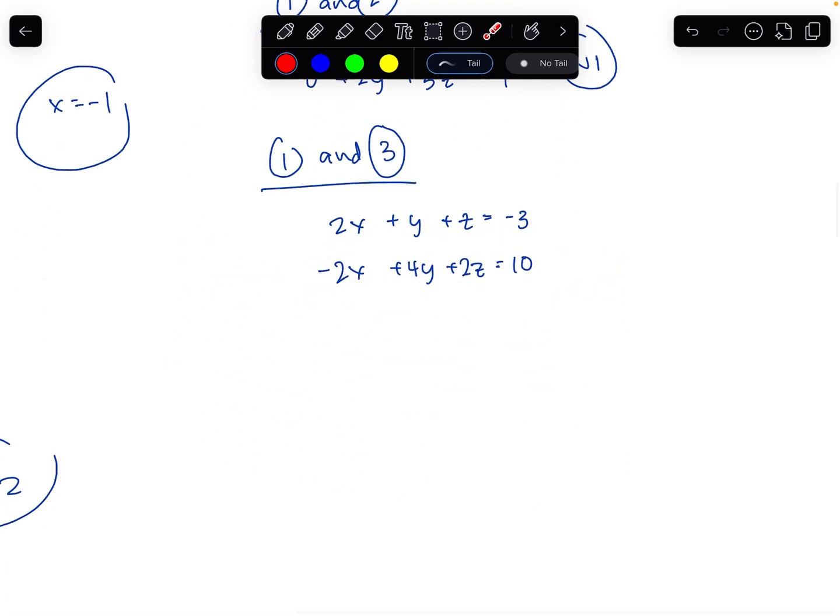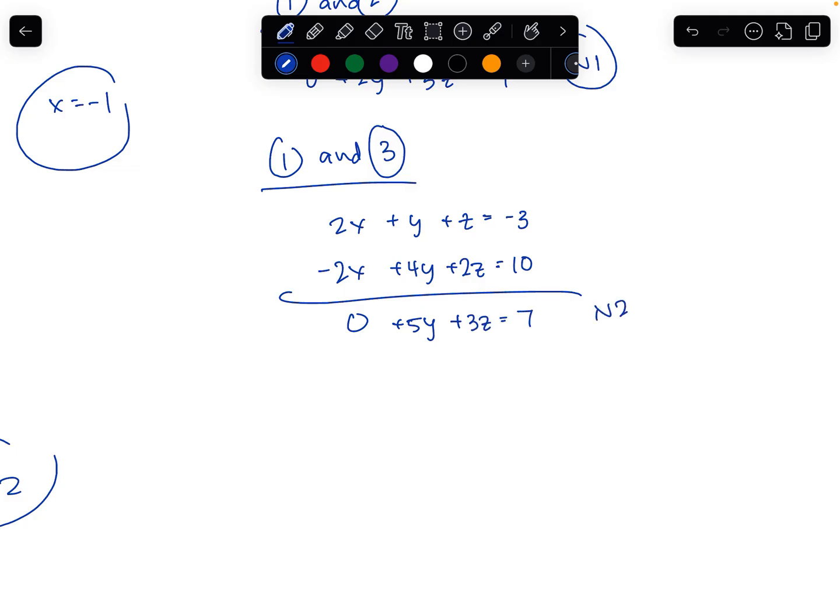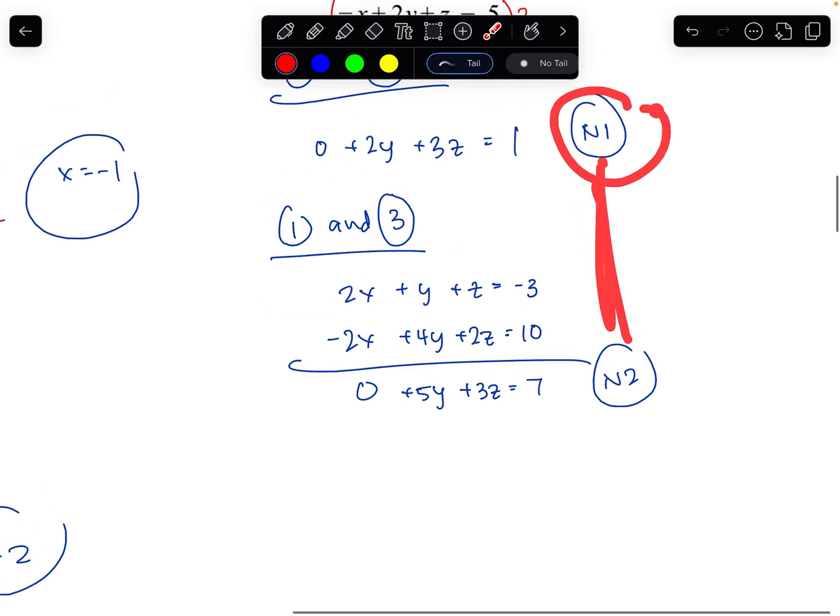Now I can combine those, and that's going to become 0. And then I'm going to get 5y plus 3z equal to 7. This is a new equation 2. So I'm going to put these right here. I'm going to stack these together as a new system of equations.